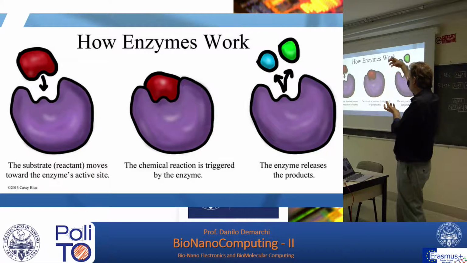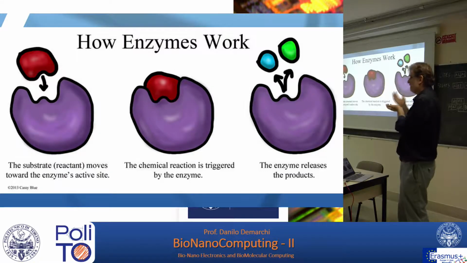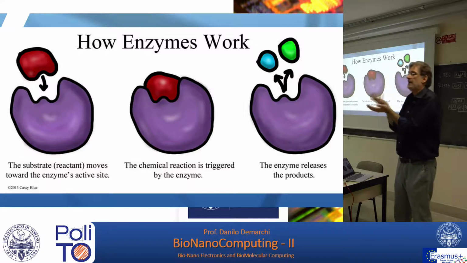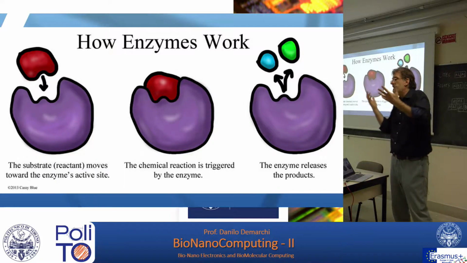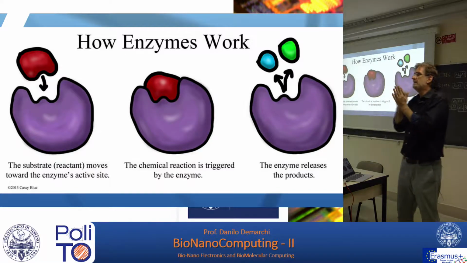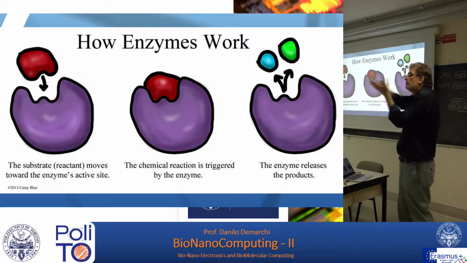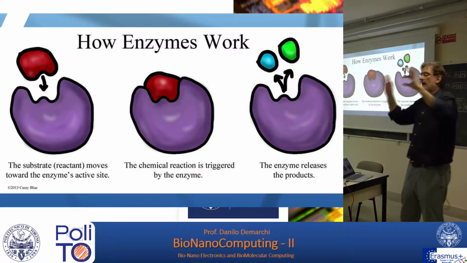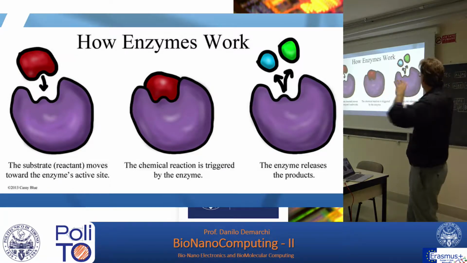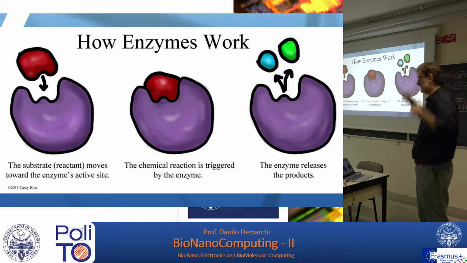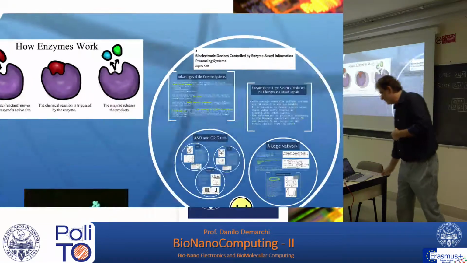The substrate, the reactant, moves toward the enzyme site. The enzyme catches it, and then the presence of this substrate triggers a chemical reaction. In this case, my reactant is cut in two parts. For example, in the case of DNA, I have a strand, the enzyme catches the strand, cuts it in two, and I have my two strands separated. This is what enzymes usually do.